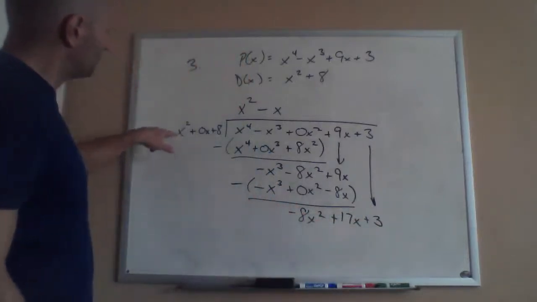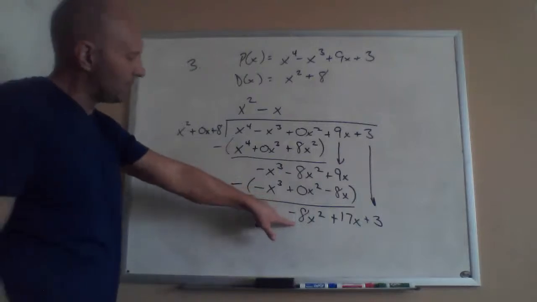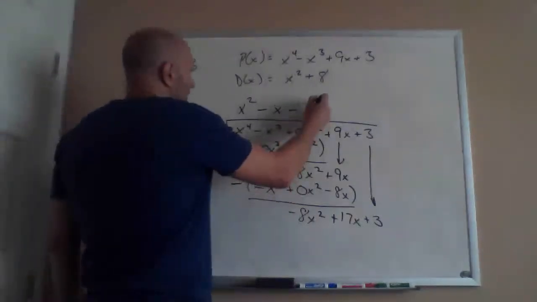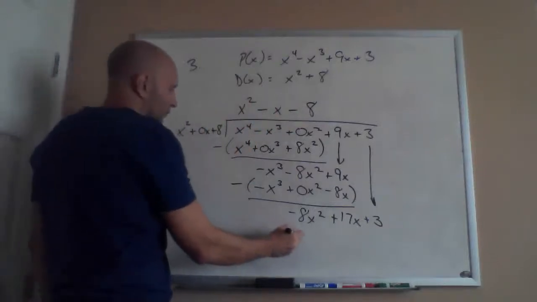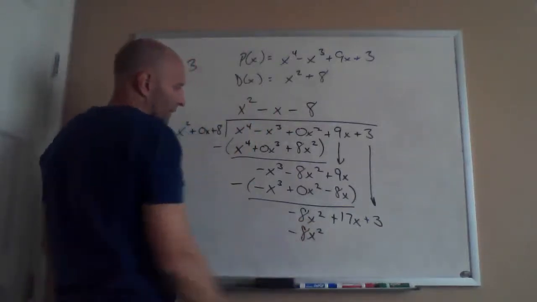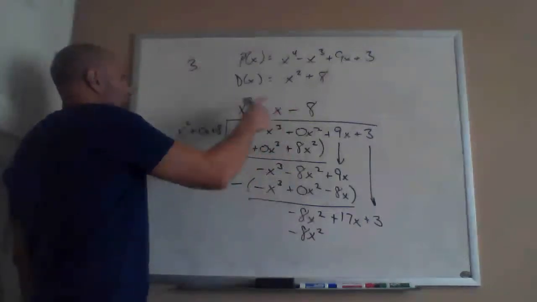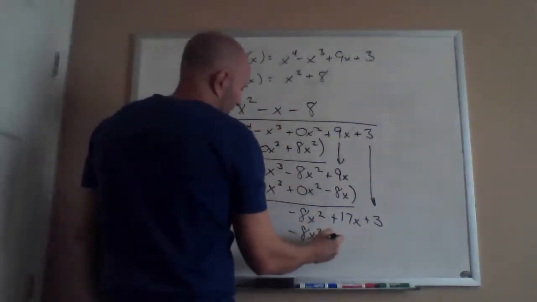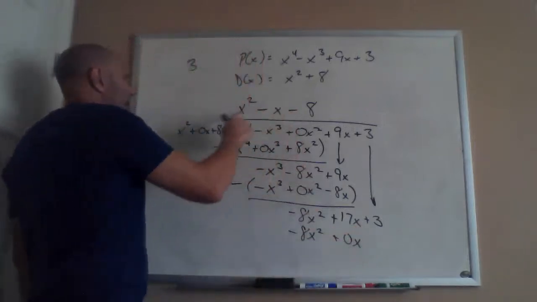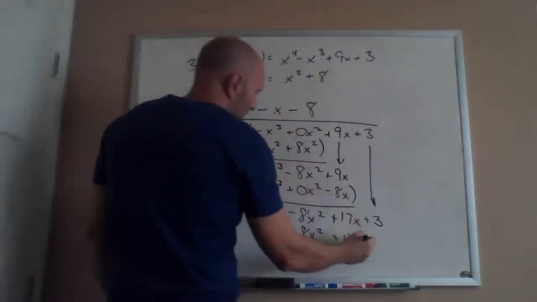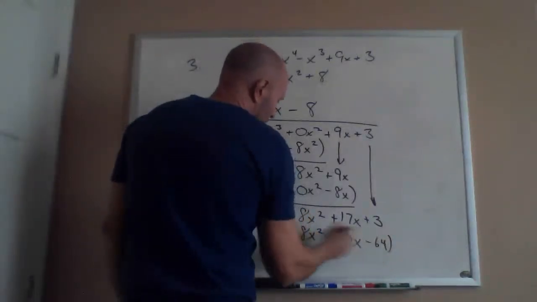So what do I have to multiply x squared by in order to get negative 8x squared? That would be minus 8. So multiply around. Negative 8 times x squared, negative 8x squared. Negative 8 times 0x is 0x. And negative 8 times positive 8 is minus 64.